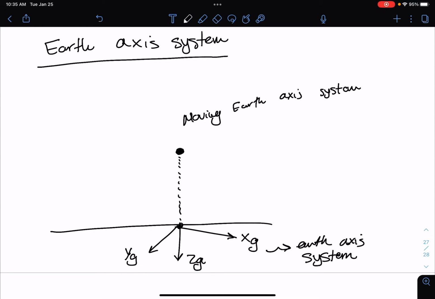That is going to be parallel to your Earth axis system, but is going to sit on the airplane. So it's essentially the same system, but moved to an altitude. Moved to your aircraft.